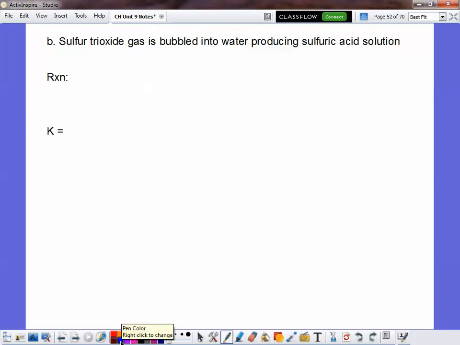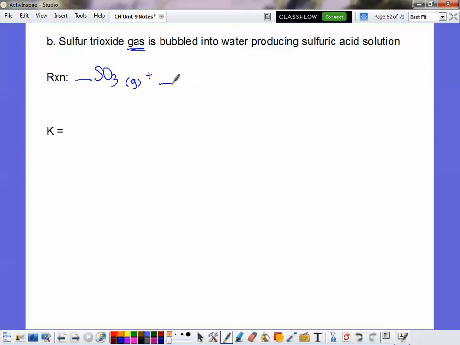Sulfur trioxide gas is bubbled through water to form sulfuric acid solution. So what is one of my reactants? Which is SO3. What state of matter is that? Gas, because it told me right here. What's it reacting with?